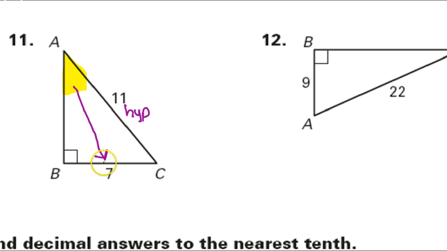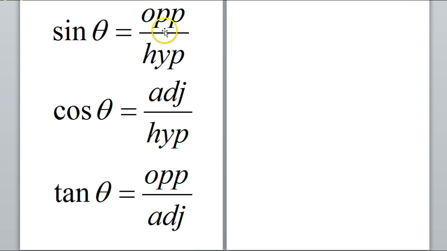Alright, from angle A, is this the opposite leg or is it the adjacent leg? This is the opposite leg. Look how far away it is. Adjacent would be right here. So we've got the opposite leg and the hypotenuse. Which function is that? That's your sine function.